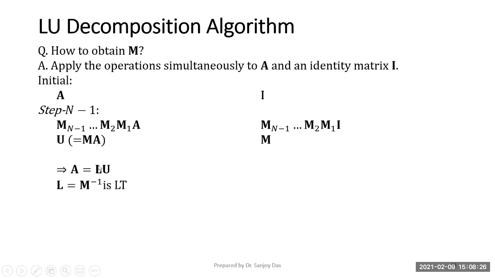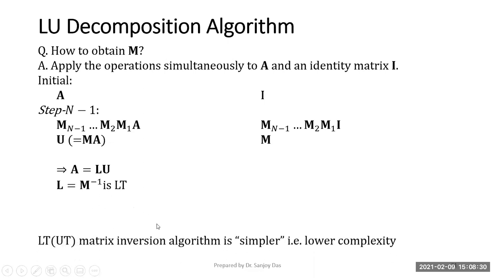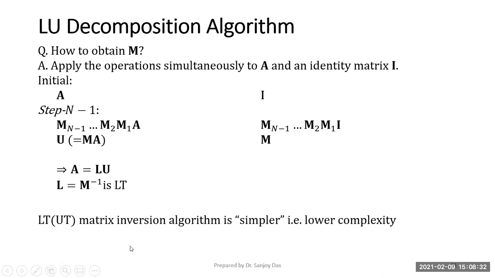And we call that lower triangular matrix L, which is M inverse. Therefore, the whole process is equivalent to decomposing A into this lower triangular matrix L and this upper triangular matrix U. So this is basically the LU decomposition algorithm.